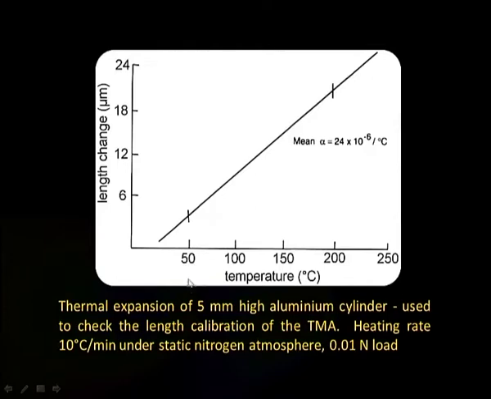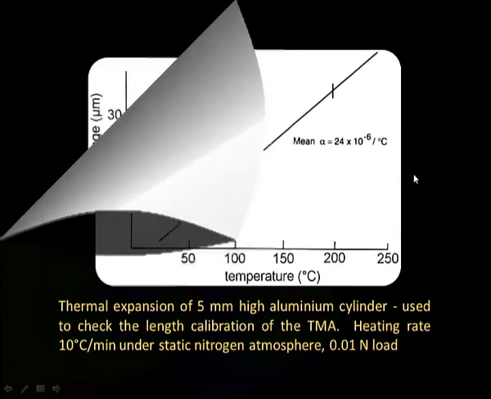You can see here that temperature and length change give almost a linear relation, and the value of alpha was found as 24 into 10 raised to the power minus 6 per degree Celsius.